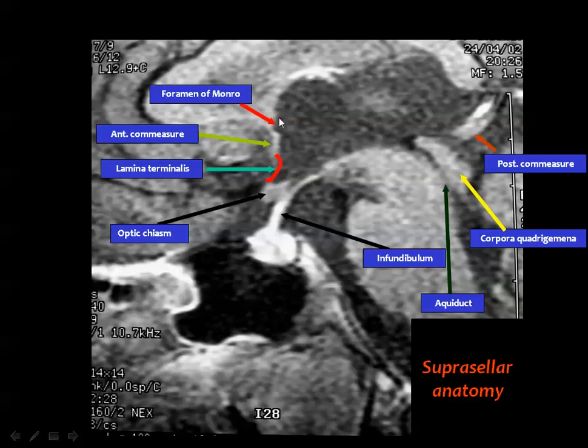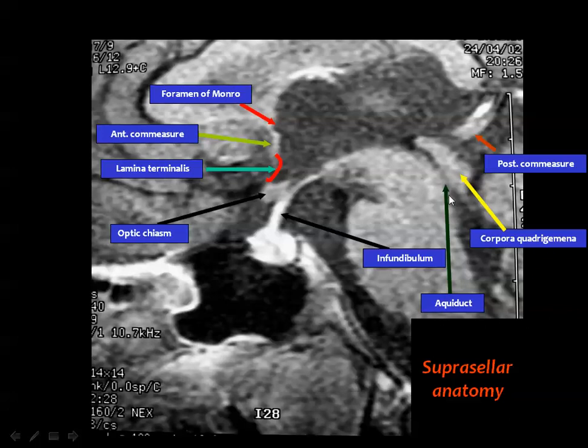This arrow points to one of the foramina of Monro, and this is what we call the anterior commissure, and the distance between the anterior commissure and the optic chiasm is known as the lamina terminalis. These structures are very important to appreciate the site of the hypothalamus.